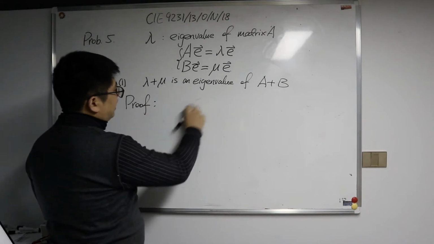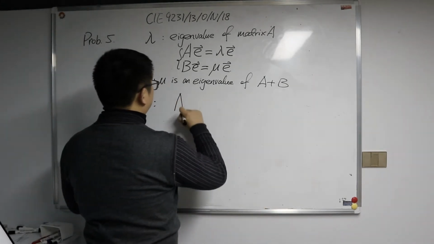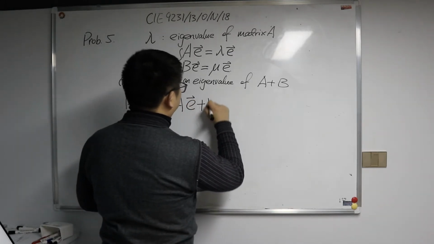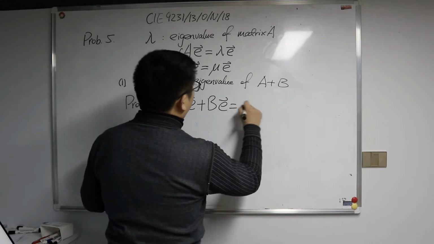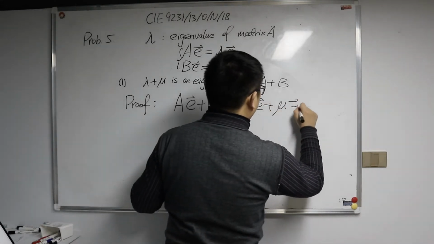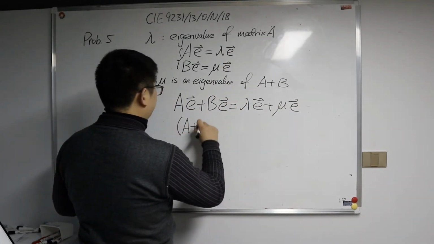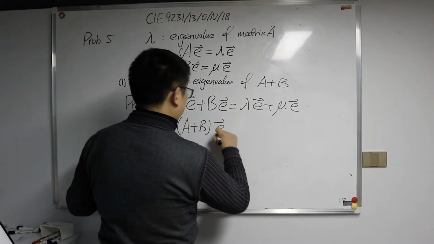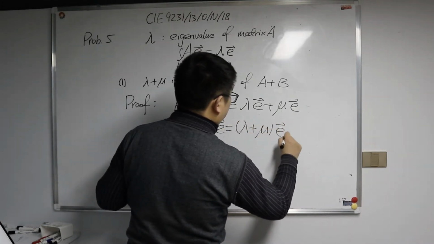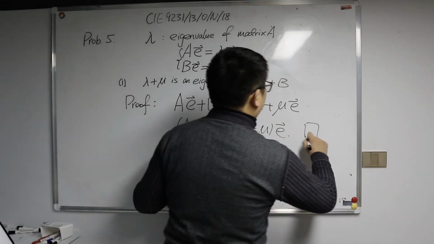Okay, let me try to write it down in more detail. AE plus BE equals lambda E plus mu E. And so we have, it is very easy, and the proof is done.